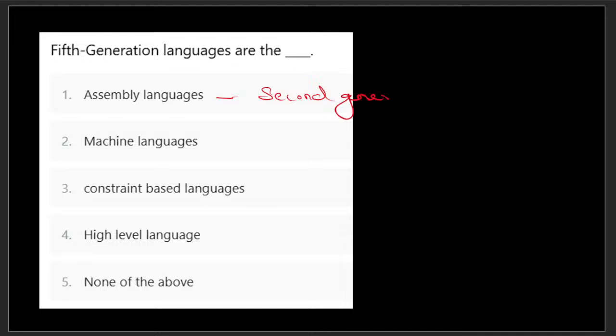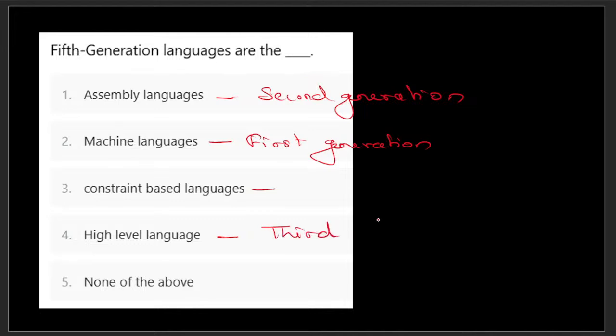And machine languages come in first generation. And constraint based languages, as I have already told, high level languages come in third generation. And constraint based languages come in fifth generation.